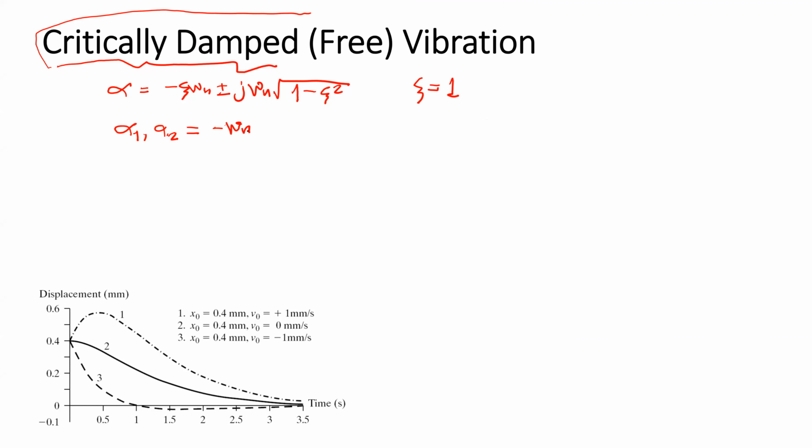So for the repeated root, if you remember, x(t) will equal to (A1 plus A2 t) multiplied by e to the power of minus omega n t.